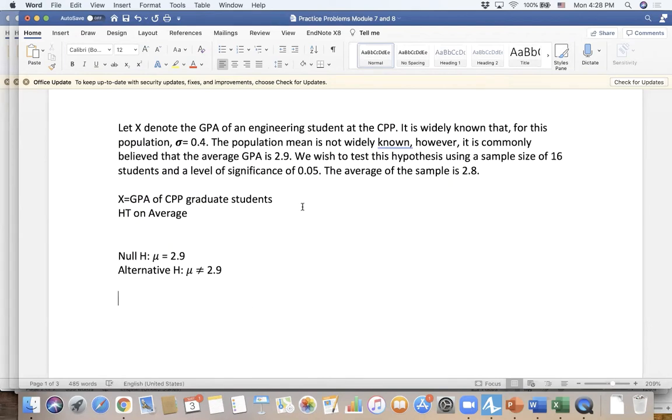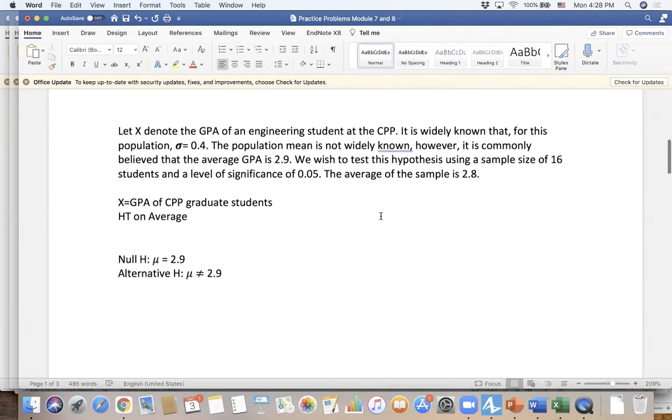And okay, what are the other pieces of information that are given to you in this problem statement? What are the things you have? Our population standard deviation is 0.4 and is known.